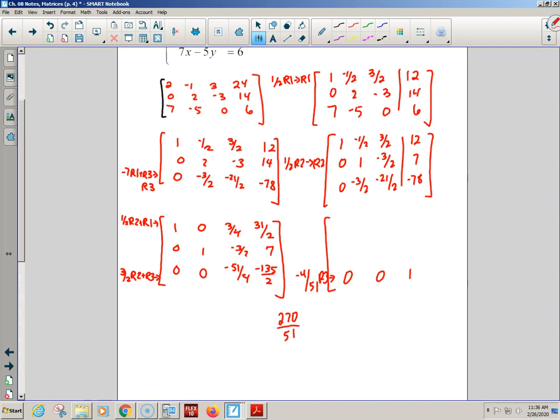No, you're right. Positive 7 halves minus. No, I'm right, sorry. It'd be positive 7 halves minus 10 halves, which would be negative 3 halves. Because negative times a negative is a positive, so positive 7 halves minus 10 halves is negative.